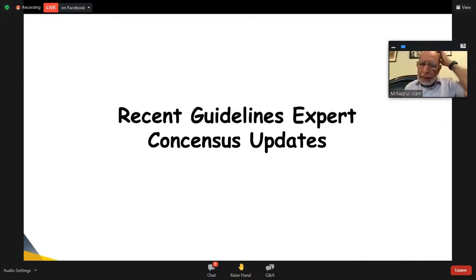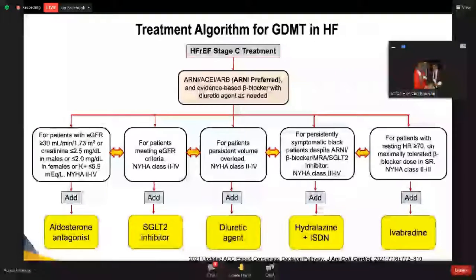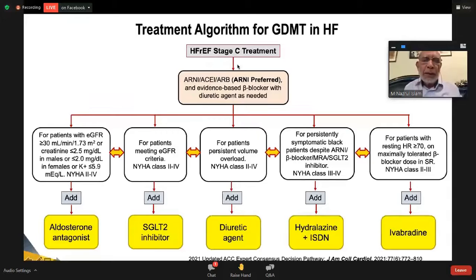The recent guidelines and expert consensus updates. The first one is the heart failure guideline, where they start with ARNI or ACE inhibitor, but they call it ARNI preferred. Then subsequently they add different drugs in different clinical situations, like aldosterone antagonist MRA, SGLT2 inhibitor, diuretic agent.